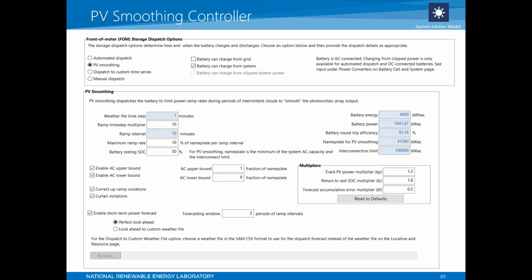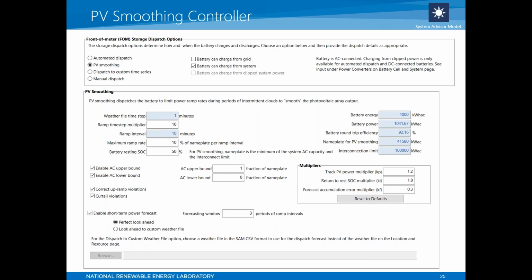And then there's some other inputs such as whether this overall system should have an upper or lower bound relative to the capacity, whether the inverter should be used to curtail violations, and then we provide whether or not to use that forecast and 2 options for the forecast. Either you can use a perfect look-ahead forecast, or you can provide a custom weather file in order to help quantify the impact of uncertainty in the forecast.